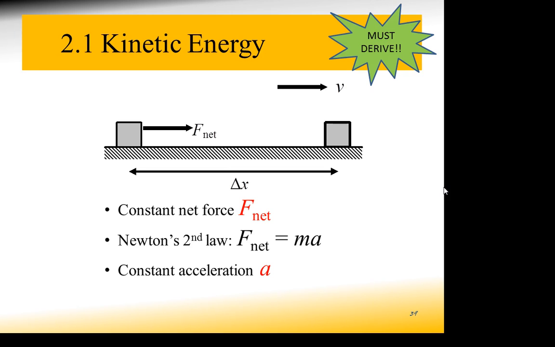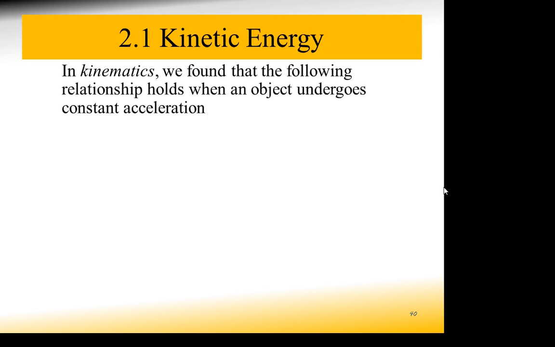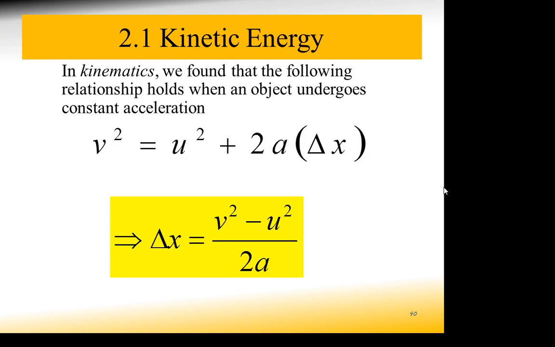Do you agree? Yes. Very good. So we hold that thought first, then we move on to kinematics. In kinematics, we've already learned and established that v squared equals u squared plus 2as. In this case, s is the movement of the block, so I can rearrange this delta s into this form.